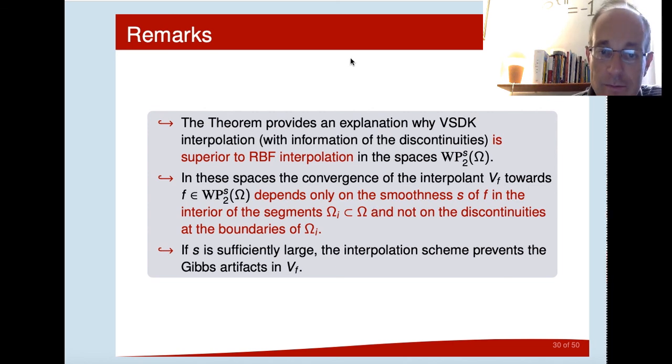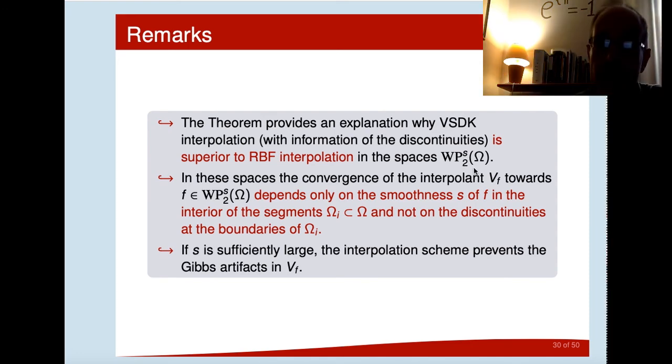The theorems provide an explanation why VSDK interpolation with information of the discontinuity is superior to the RBF interpolation in the proper space. So we have to work in the proper Sobolev space of discontinuous functions.